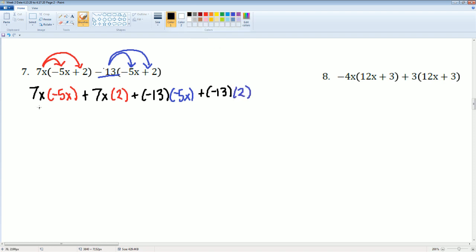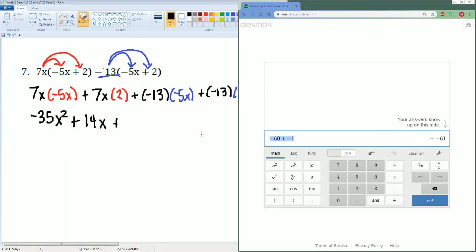All right. So here you can multiply 7 times negative 5. This gets you negative 35. x times x becomes x squared. 7x times 2, 7 times 2 is 14. The x stays alone. Ooh, that's a very ugly one. So let's just pull up Desmos for this one. Negative 13 times negative 5.